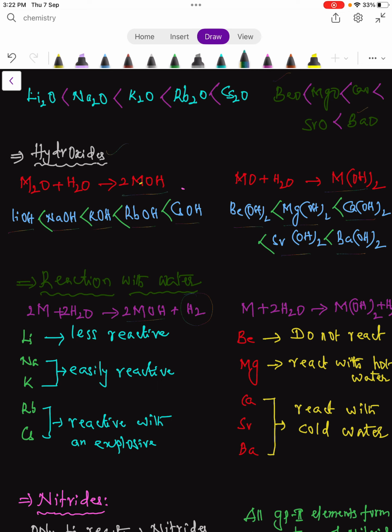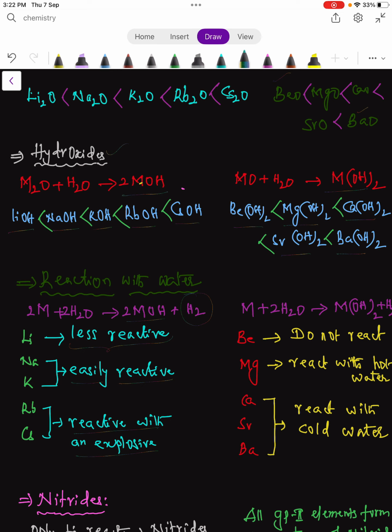But here lithium is less reactive with water, right? Among 1A group elements, lithium is less reactive. Sodium and potassium are highly reactive with water. Easily they can react with water. Rubidium and cesium react explosively, means highly reactive. Down the group reactivity increases, we discussed.